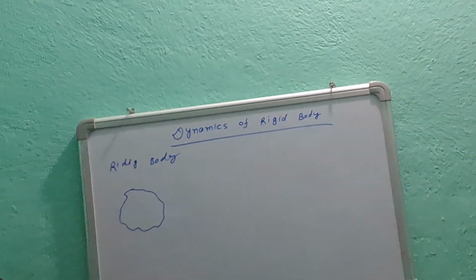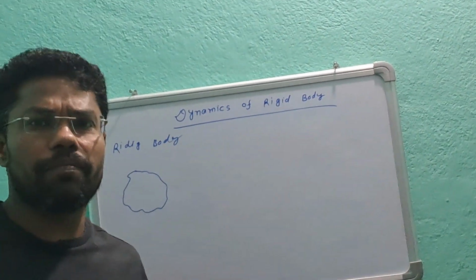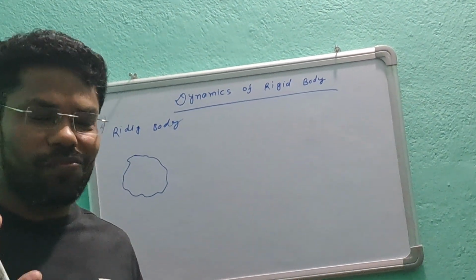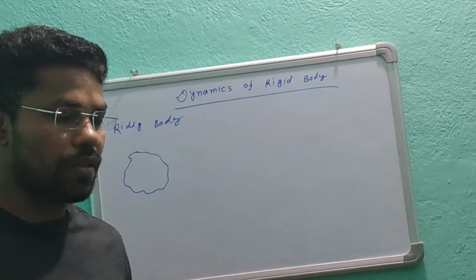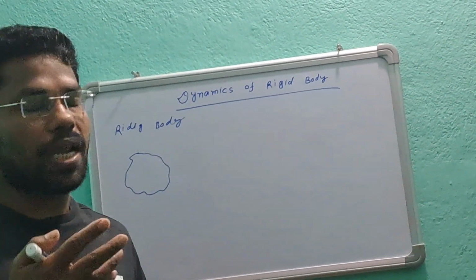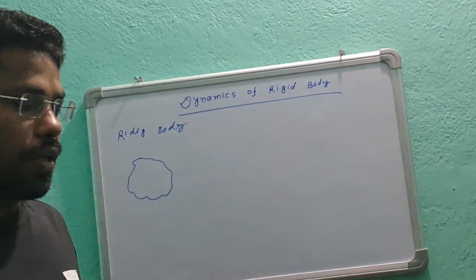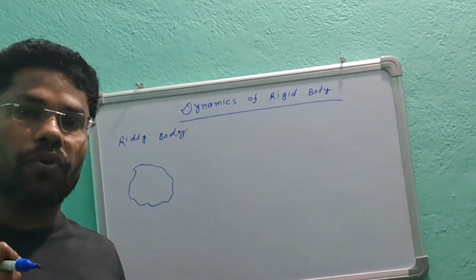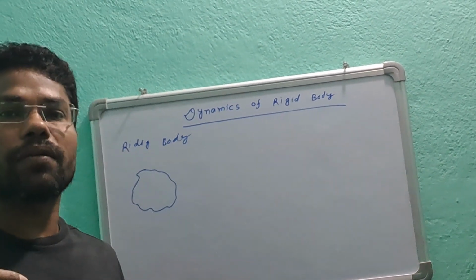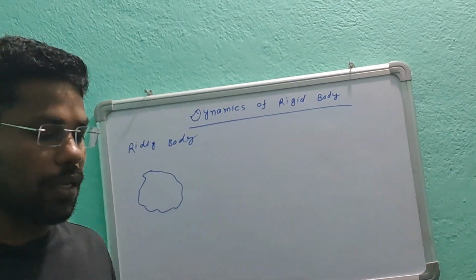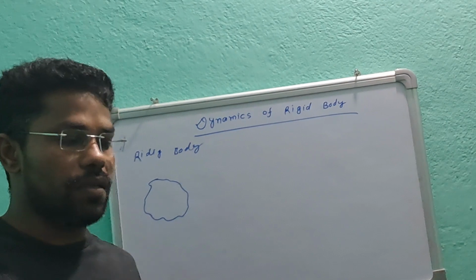One thing, actually a body is not perfectly rigid, but for our convenience we assume every body is rigid to describe the dynamics of rigid body. Actually, constituent particles of a rigid body always oscillate about the mean position, but we ignore this to describe the dynamics.